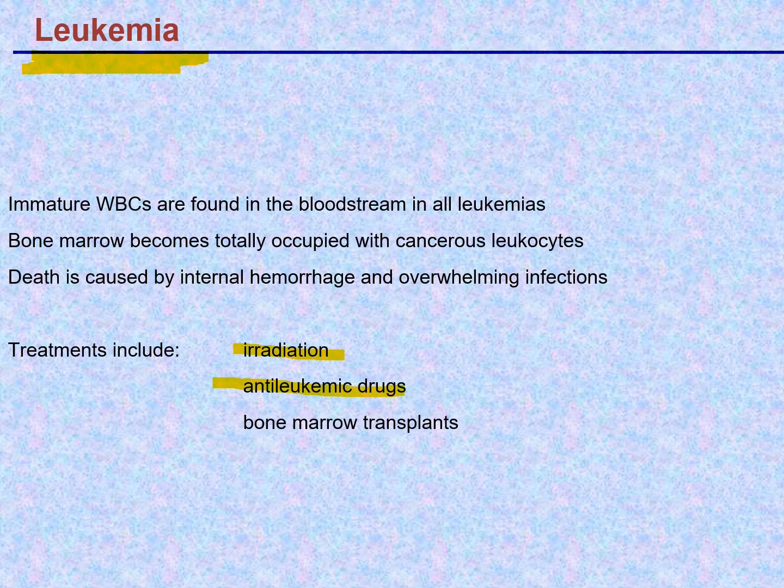The other type of treatment is bone marrow transplantation. Leukemias are tumors of the white cells, the blood, and with irradiation or administration of anti-leukemic drugs, quite often the rest of the bone marrow is destroyed, the stem cells are destroyed, and they need to get a bone marrow transplant from a different individual.